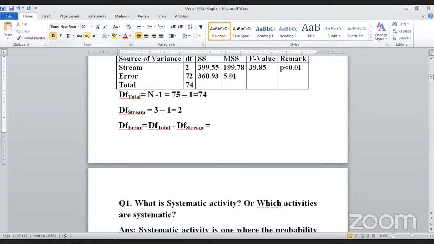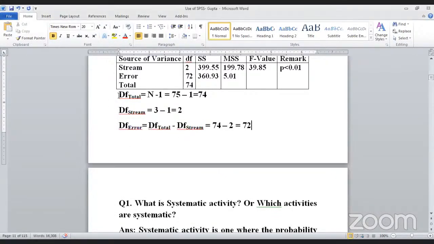So here it is 74 minus 2. And this is how it has come to 72. So this is how the degree of freedom for stream, error, and total have been calculated.